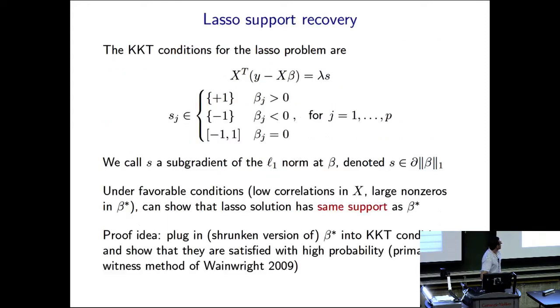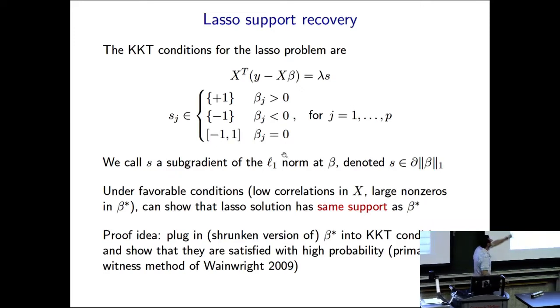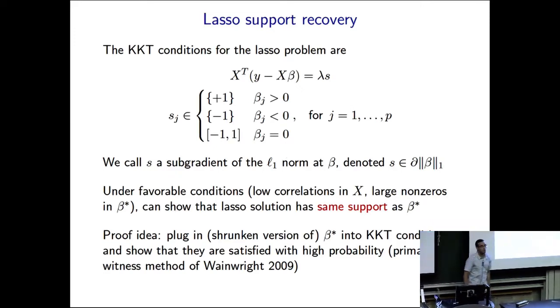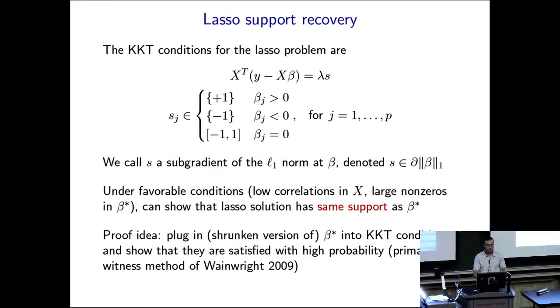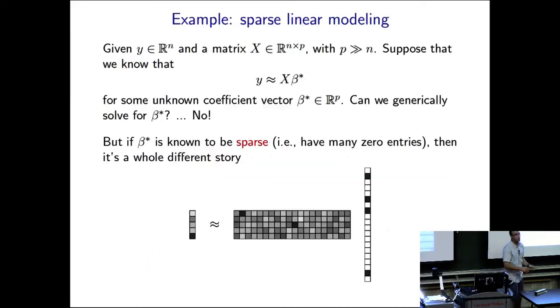It turns out that there was a body of work that all started around the same time that used these KKT conditions as a jumping point for proving the following fact, which led to a lot of really interesting and important results in high-dimensional statistics. If you have favorable conditions, like for example, the columns of X don't have a lot of correlation between them, so your features are not super correlated, and beta star has a small number of non-zeros, and each one of those non-zeros is kind of large in absolute value.